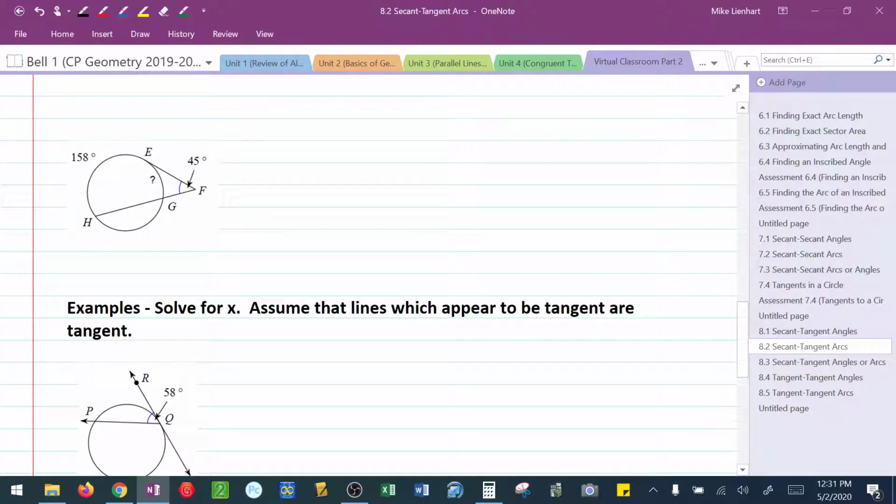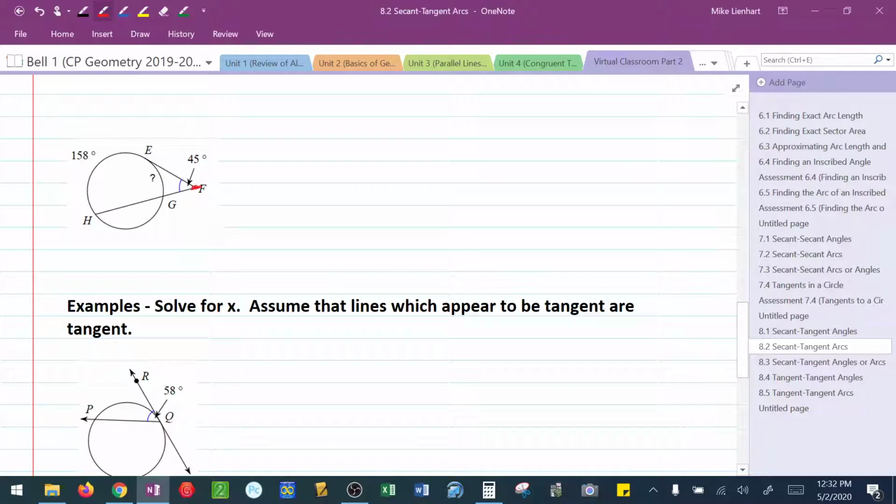Okay, let's take a look at this scenario now. I see the vertex is out. If the vertex is out, there should be a big arc and a little arc. There are. They want me to find the little arc. So what do I know? I know that the angle is equal to half of the big arc minus the little arc. How do I get rid of the 1/2?